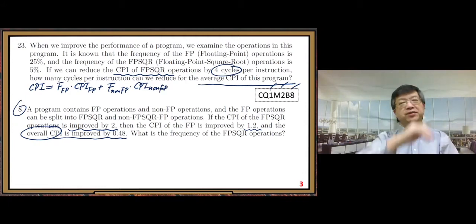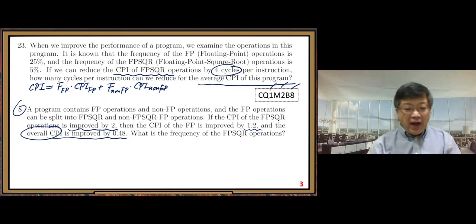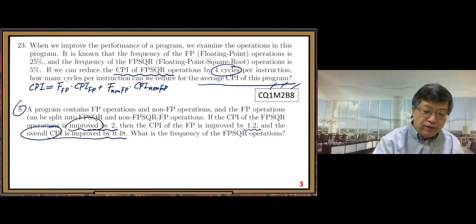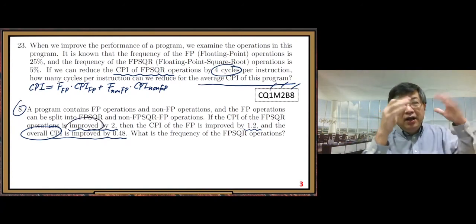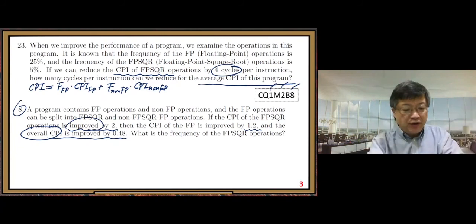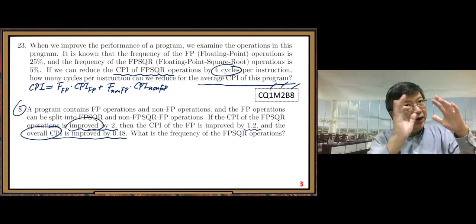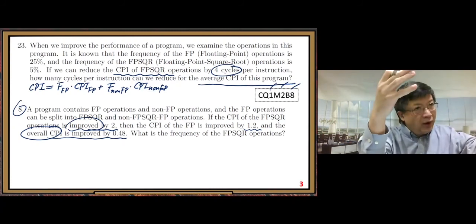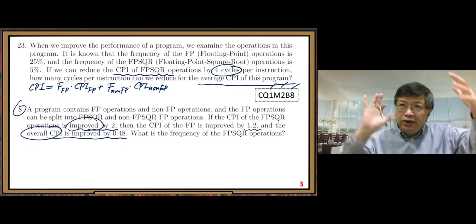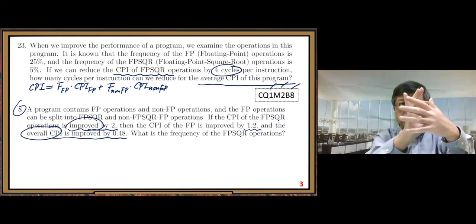That's the first equation. Then, when you see improve, that means there are two versions of this equation: the old one and the new one. The new one improves against the old one.